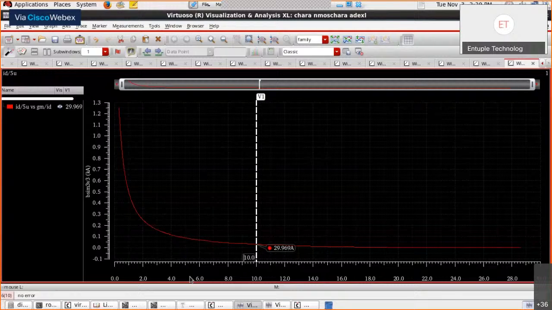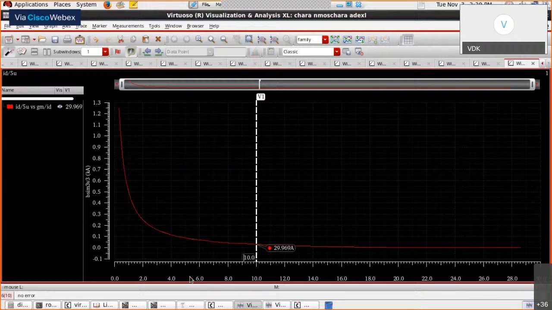For the chosen value of GM over ID to operate the device in moderate inversion, we checked whether the self gain is large enough compared to the required circuit gain. We found out it is. Then we checked what is the transit frequency. Is it large enough? It indeed is large enough, in the range of almost 26 gigahertz.